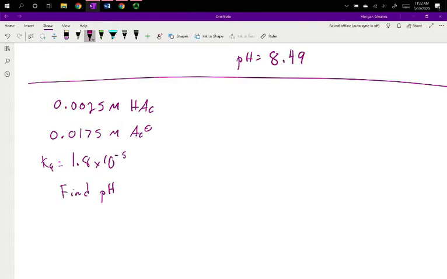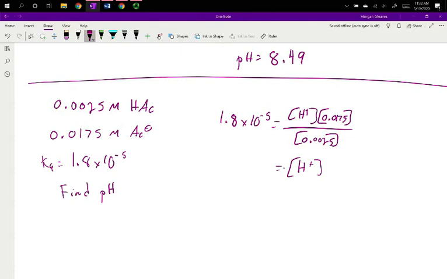All right, so set up our equilibrium expression. Our Ka will equal our H+, our base, over our acid. Well, our base was 0.0175. Our acid is 0.0025.